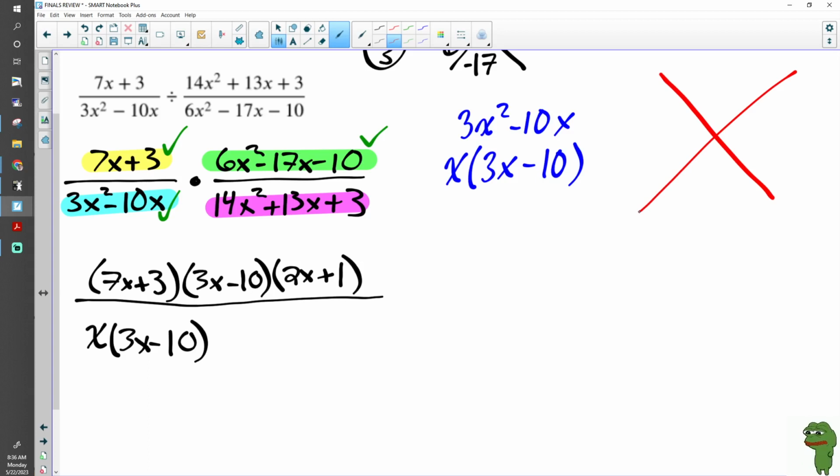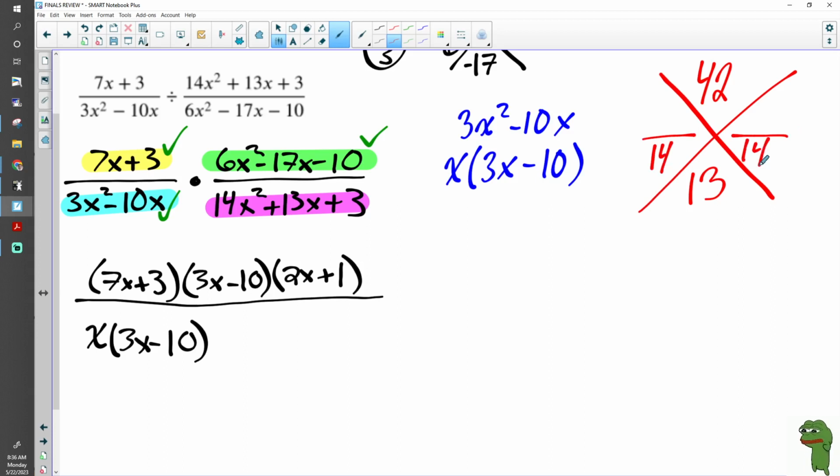Okay, on the top, we have a is 14, b is 13, c is 3. So we multiply 14 times 3, and we get 42. Our b value is 13, so we put it on the bottom. We'll divide both sides by the a value, which is 14.